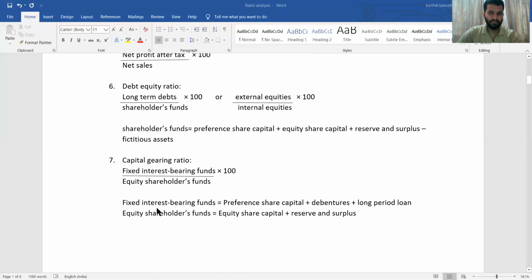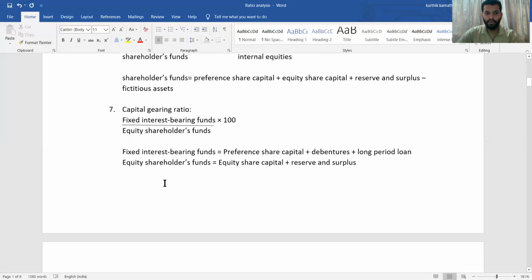Fixed interest bearing funds here are preference share capital, because dividend is given on the basis of a certain percentage; debentures, because debenture interest is also paid at a certain percentage; and long term loan, where loan interest is also paid at a certain percentage. Equity shareholders fund is equity share capital plus reserves and surplus only. So now you understand the capital gearing ratio formula.